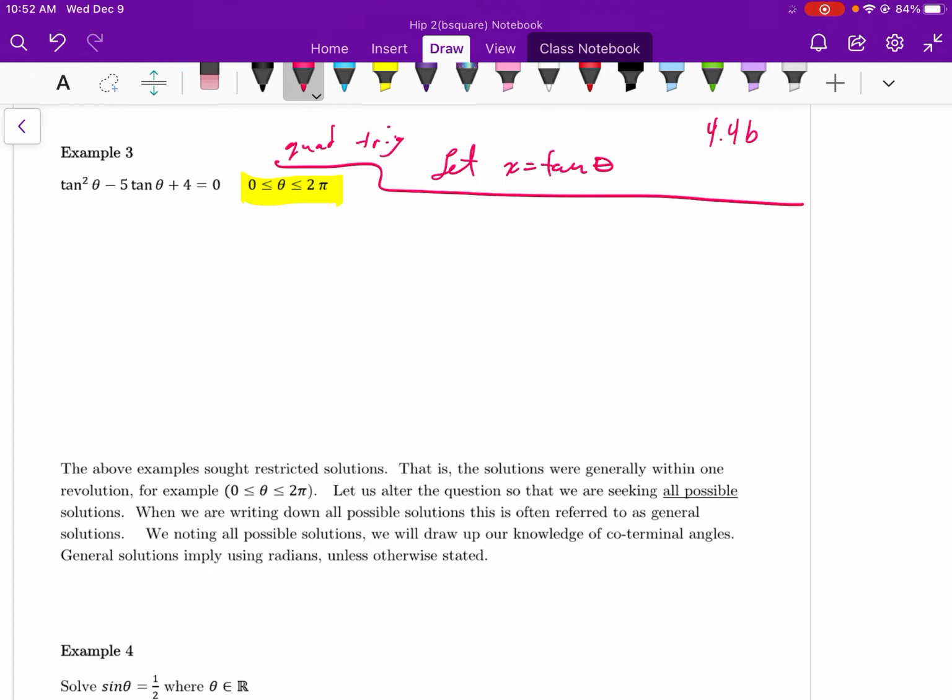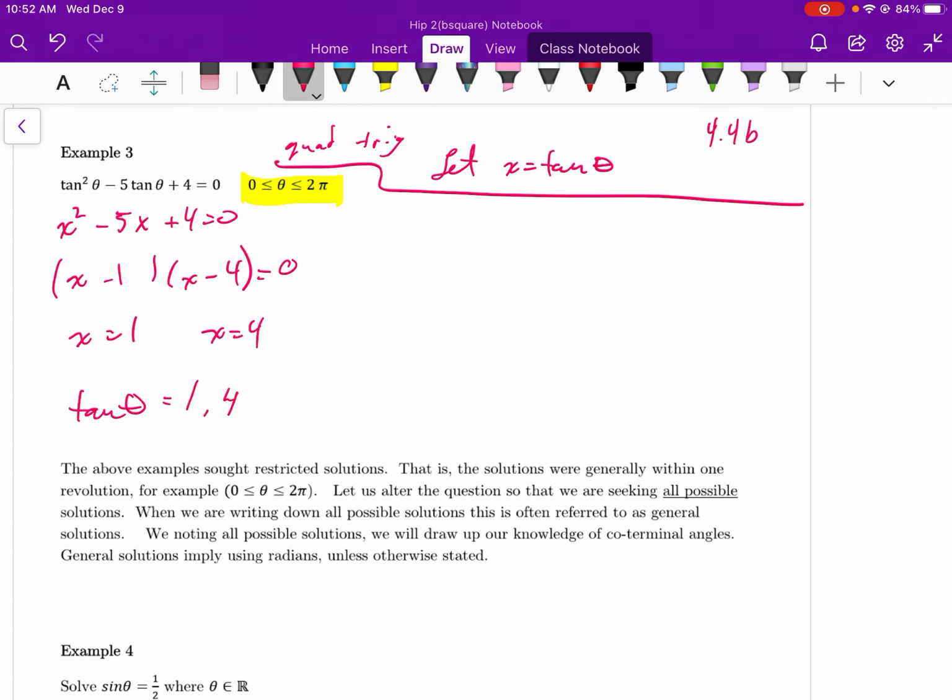This is not part of the question, but for sure we've done this trick before, and you can say x squared minus 5x plus 4 is equal to 0, and then you can quickly factor this just like you've done all your life, and you can say x is equal to 1 or x is equal to 4. And then you can conclude that tan theta, since tan theta is x, tan is equal to 1 or 4. And that is a totally acceptable way, and then you could solve for the trig ratio.